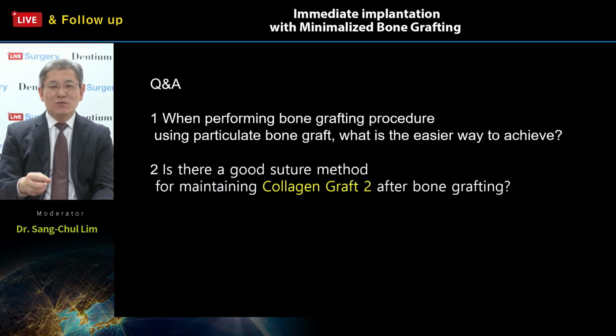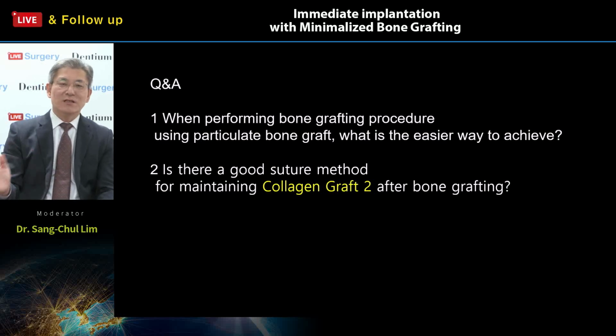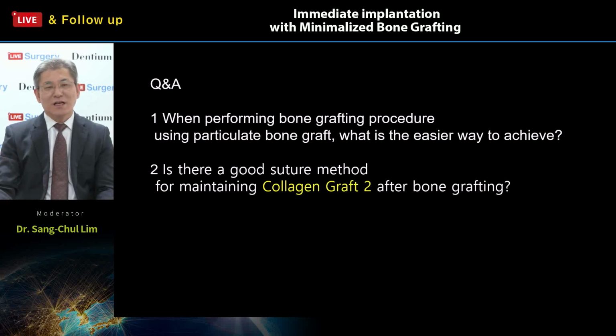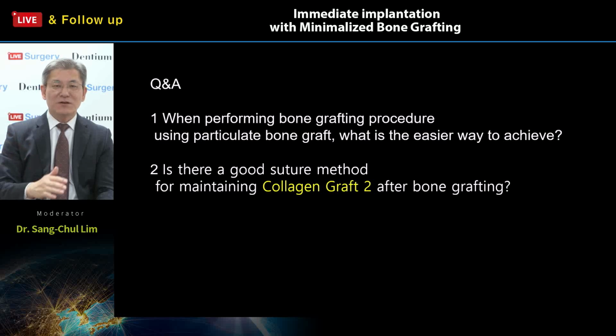However, if you want more, PRF, making a sticky bone, is another option. However, this procedure is so complicated that it is not recommendable. Another way is mixing with fresh blood, or changing the paradigm to using collagenated bone instead of particulated bone. All of these different ways are good options to choose.